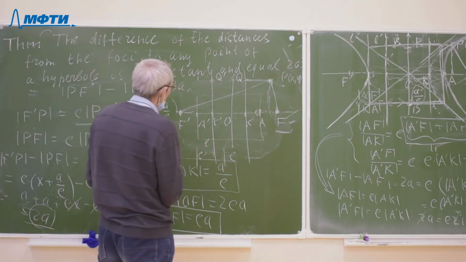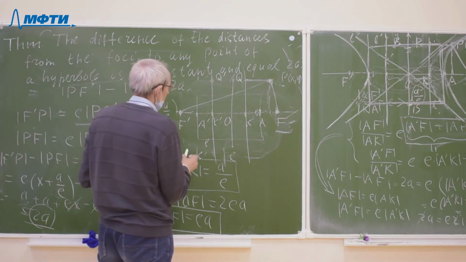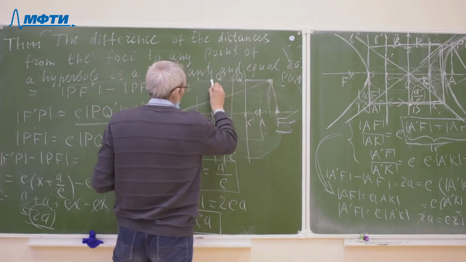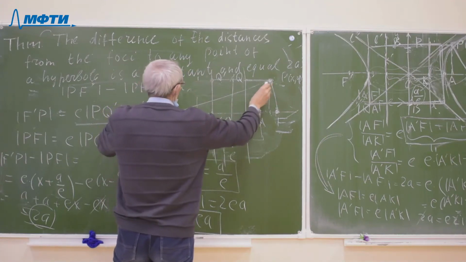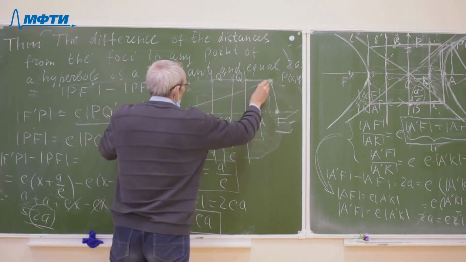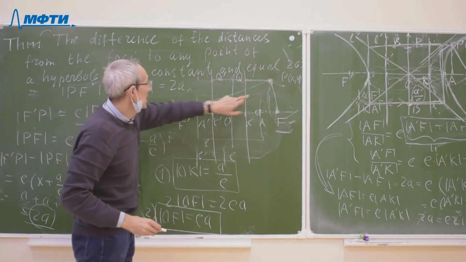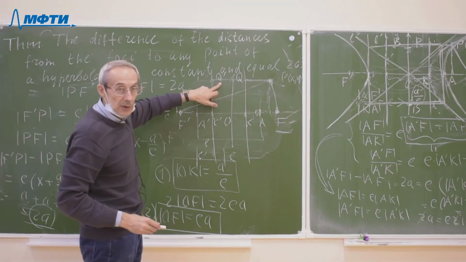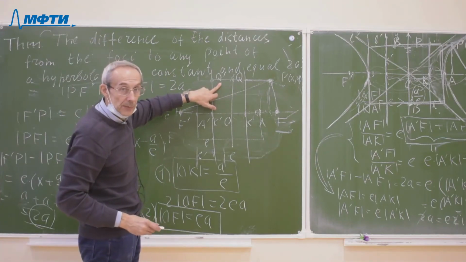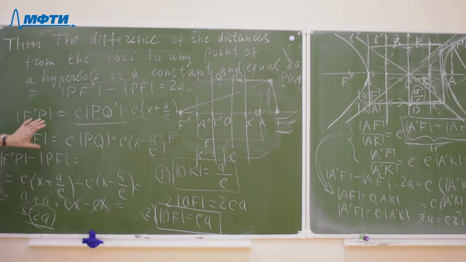And we have also the distance between P and Q prime and the distance between F prime and P. The ratio of this distance to this distance is constant and is equal to E, the other relation. We have two relations, and our aim is to consider the difference between them.